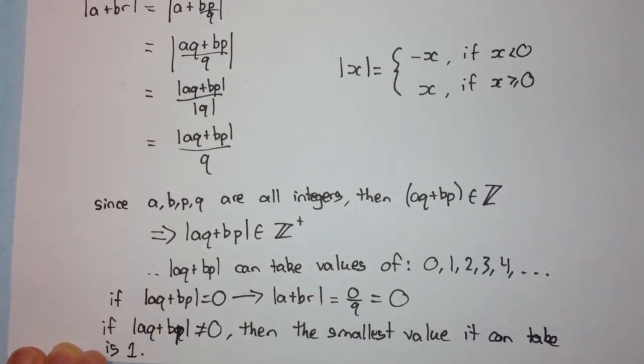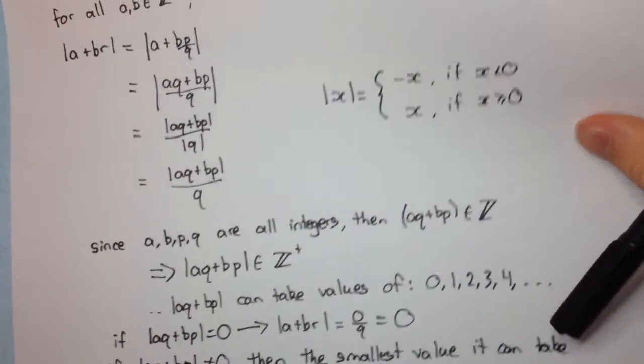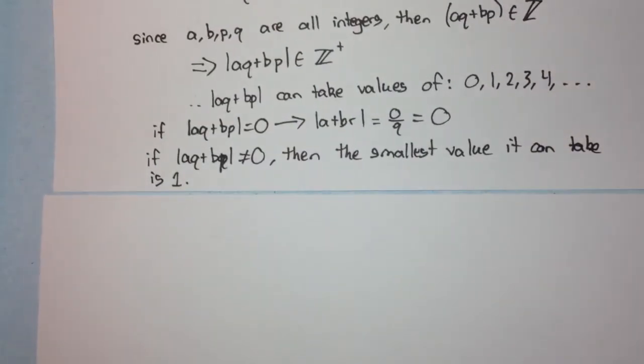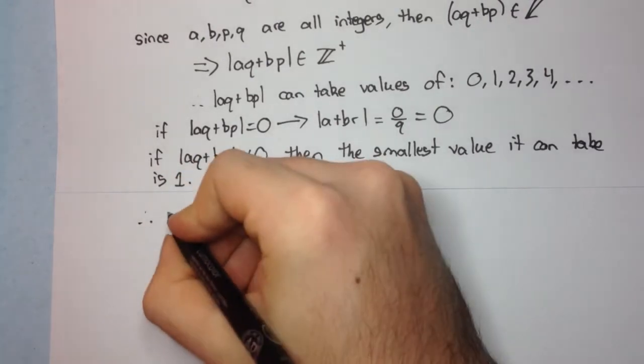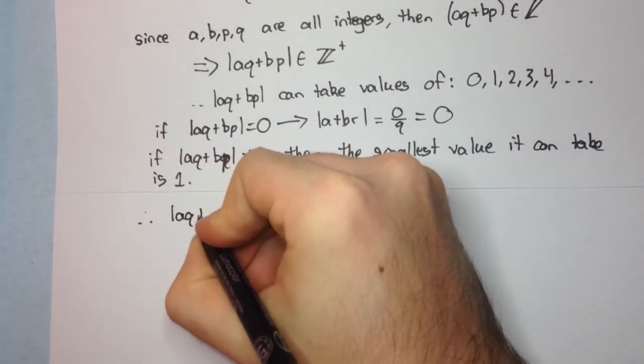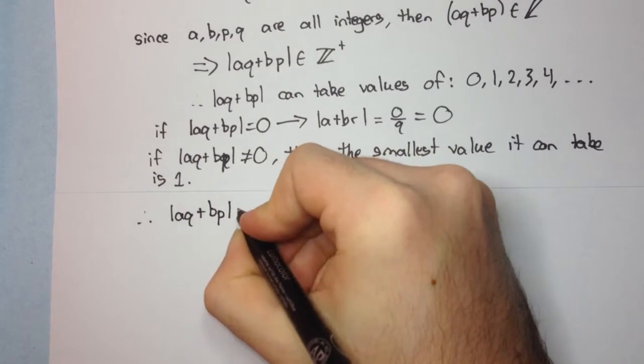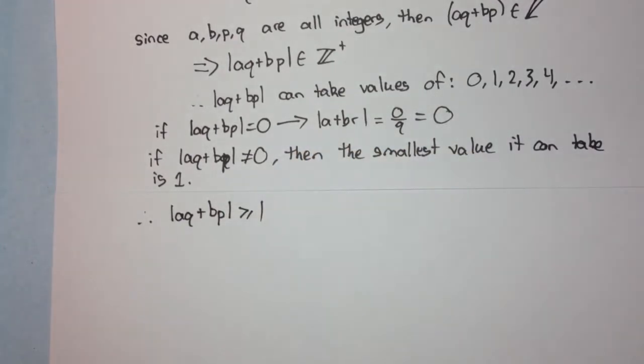Okay, let's get some paper. So, if it's 1, what does that mean? So therefore, this here is greater than or equal to 1.